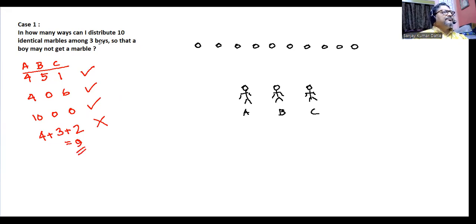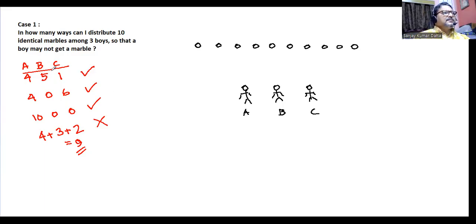But you will have to distribute 10 identical marbles. In all the other cases, the summation is 10. Whatever the individual amounts be doesn't matter. As long as the summation is 10, they are okay. But this is not okay because the summation is not 10. You have to distribute 10 identical marbles among these three boys.